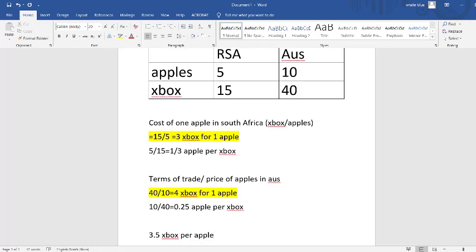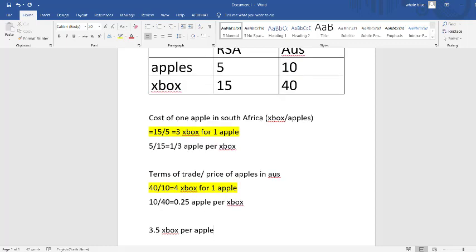Say there was trade now. Say there was no more autarky. It was now an open economy. At 3.5 Xboxes per apple, what happens here? What happens in terms of South Africa? In South Africa, all they needed to give up was 3 Xboxes per apple.